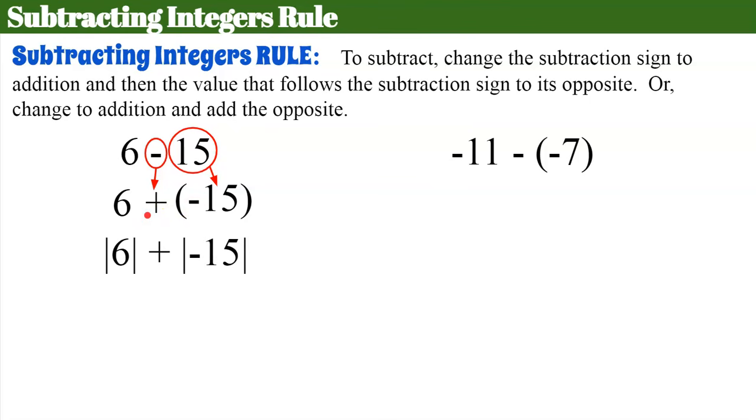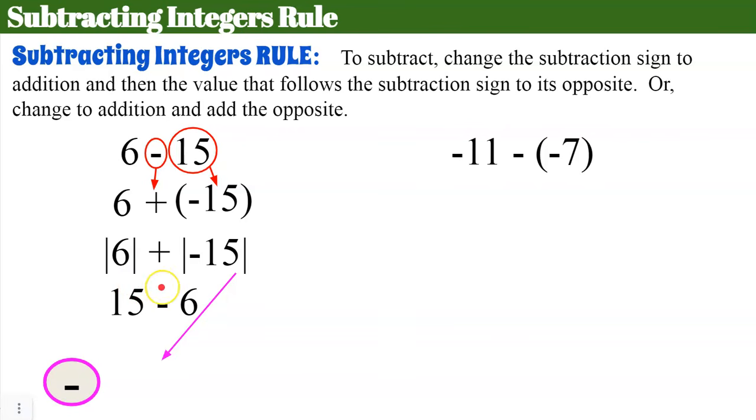So we have 2 different signs. When I have 2 different signs and I'm adding, I'm going to find the absolute values of both. The larger absolute value is 15, which was negative, so I'm going to make note that my difference needs to be negative. I take my larger absolute value and subtract my smaller absolute value.